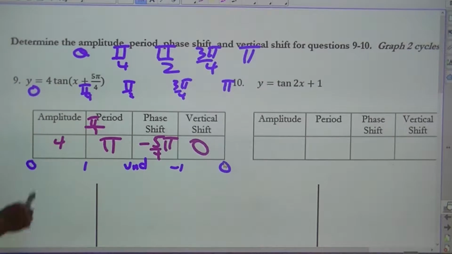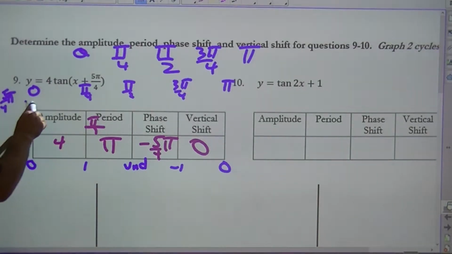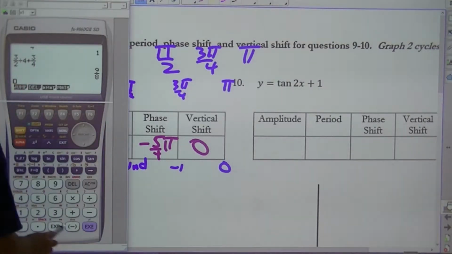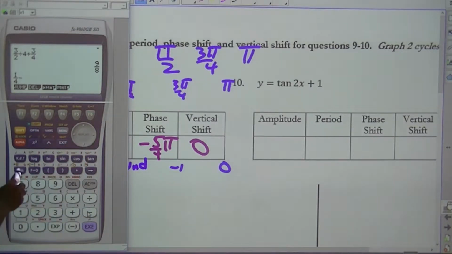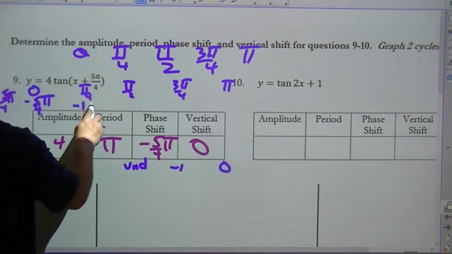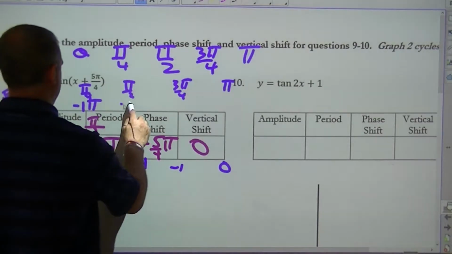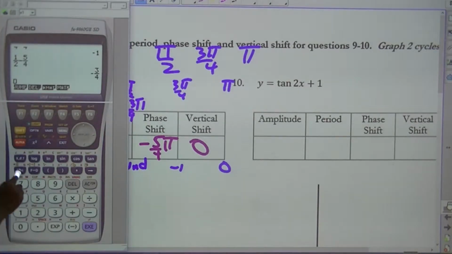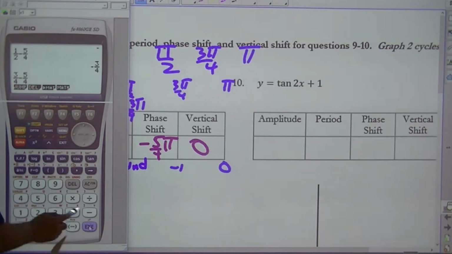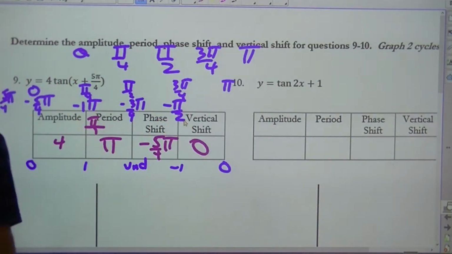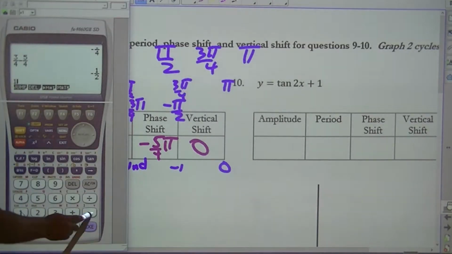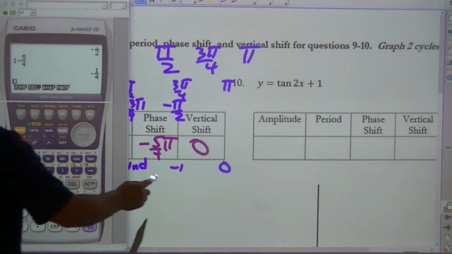Okay, so what's going to happen to your angles here is you're going to subtract 5/4 pi, so that's going to be negative 5/4 pi. 1/4 minus 5/4 is negative 1, okay, 1/2 minus 5/4 is negative 3/4, okay, 3/4 minus 5/4 is negative 1/2, okay, and then pi, or 1 minus 5/4 is negative 1/4.